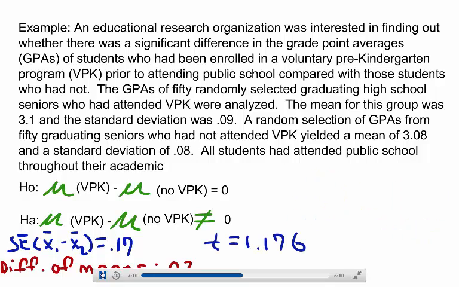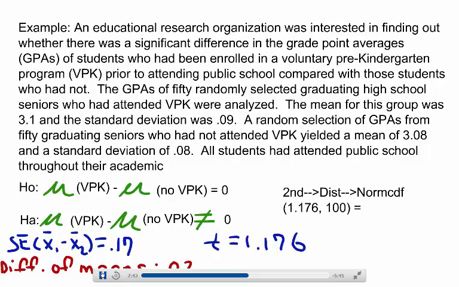Now that we've identified our t-score, we can use either a t-table or graphing calculator technology to calculate the corresponding probability. And from there, we'll state our conclusion. If you're using a graphing calculator, you'll type in the following commands.